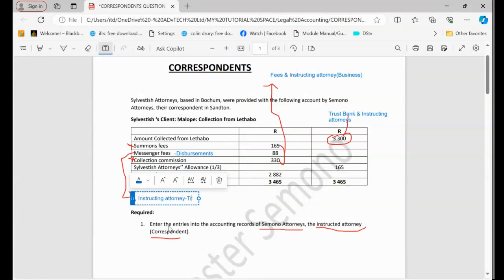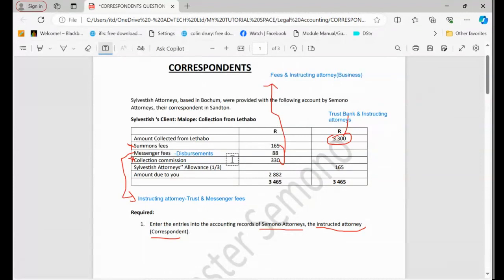The trust one. And it will also affect the messenger fees or disbursements, you can call it fees. Can you see now? So again, this account will be affected. Remember, for every account there must be a corresponding account. So one account is going to be debited and the other account is going to be credited.